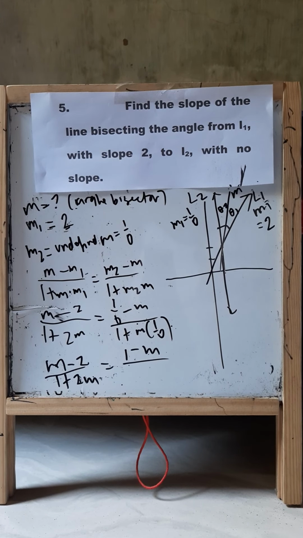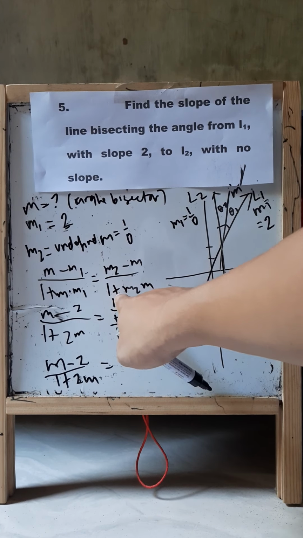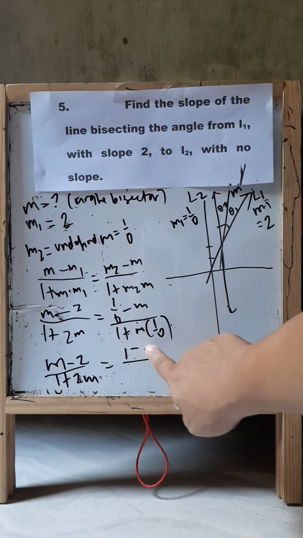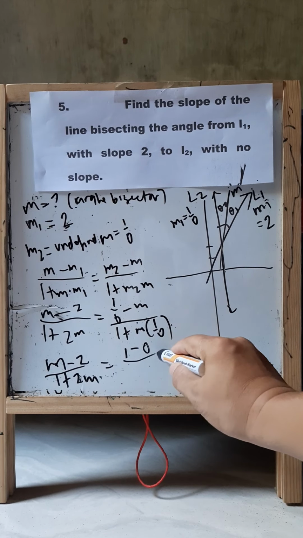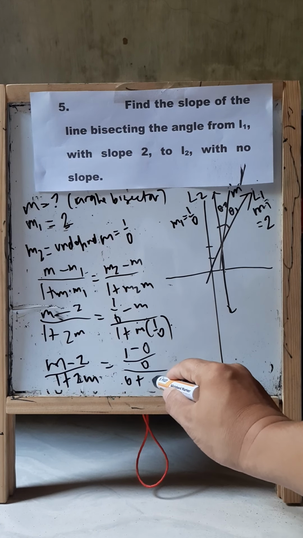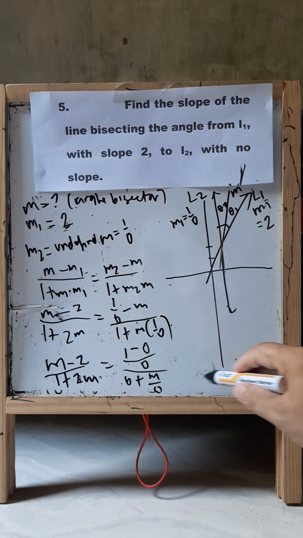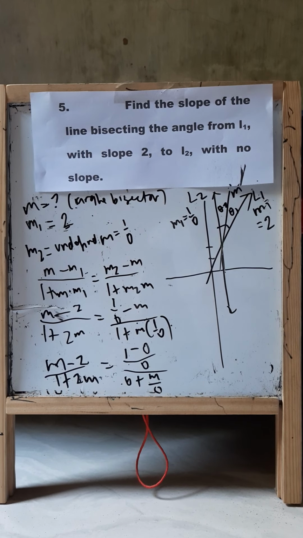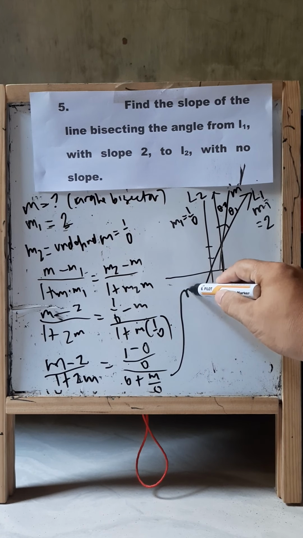Is that right? No, wait. 1 over 0 minus m will be 1 minus 0 over 0, over 0 plus m over 0. So, in short, let's erase this part.